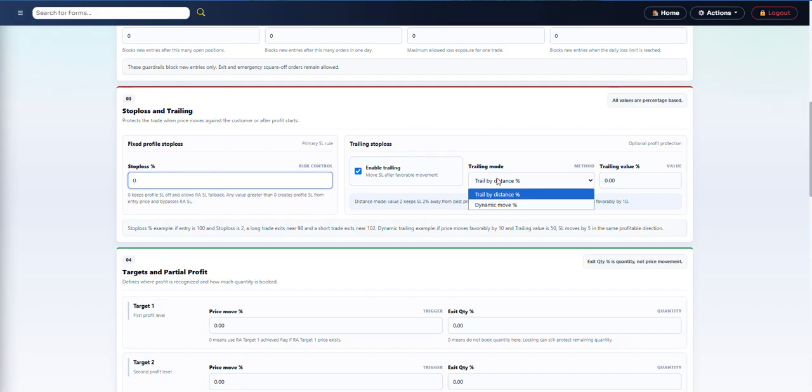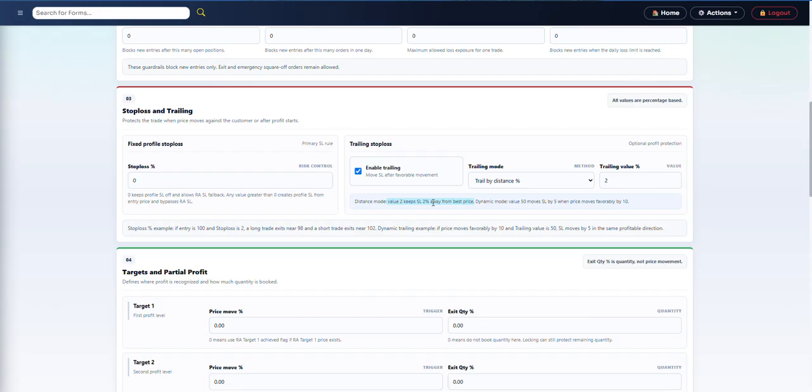Enable trailing has two parts: trail by distance and dynamic move. If you go with trail by distance, you can mention 2% or 3%. If you select 2%, it will always maintain a 2% distance from your best price, so LTP and SL will always maintain 2% distance.